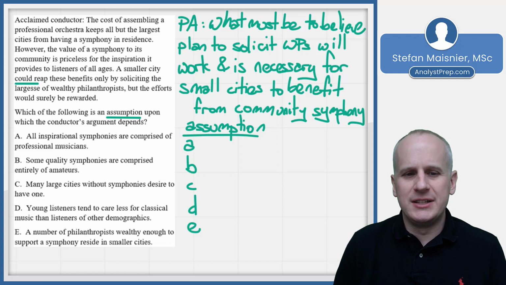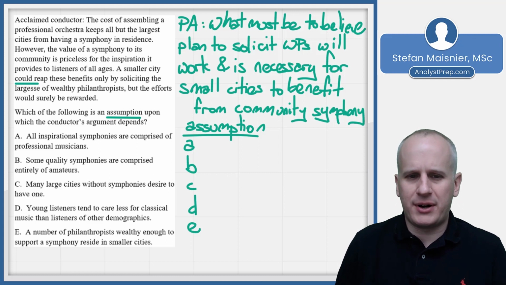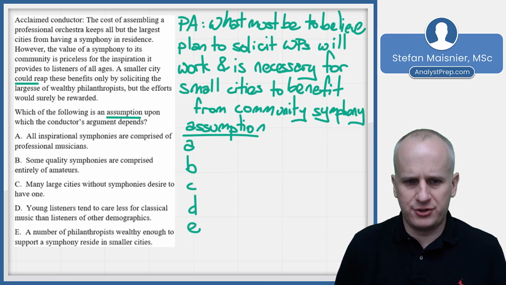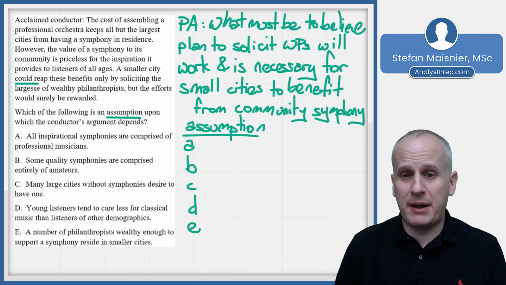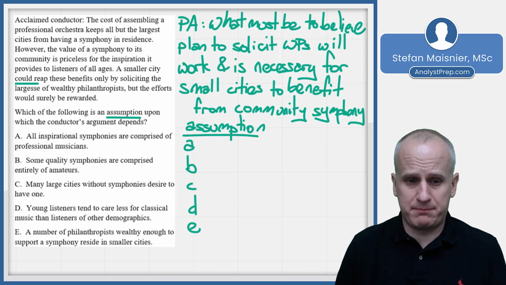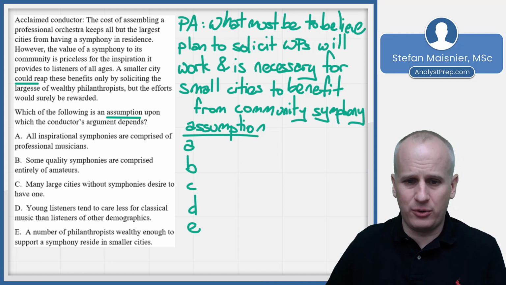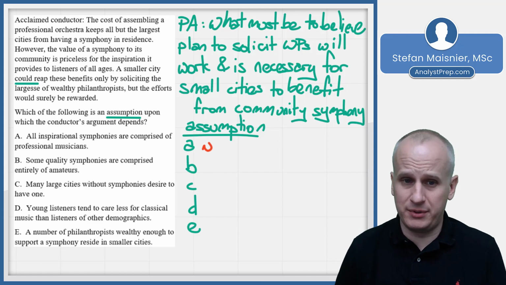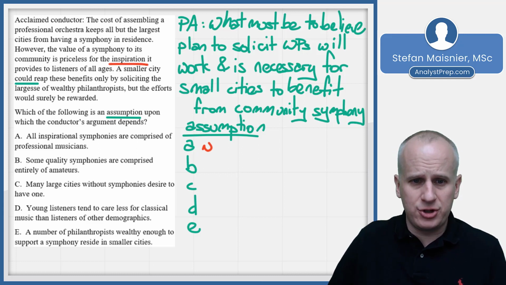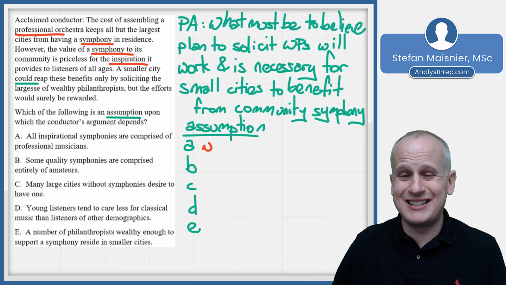So, all inspirational symphonies are comprised of professional musicians. So we're at least talking about the relevant pieces here. And at worst, I'd probably hold this with our little tilde because we see the word inspiration up here. We've got professionals. We've got symphony all over the place. So we're at least using the right terms.